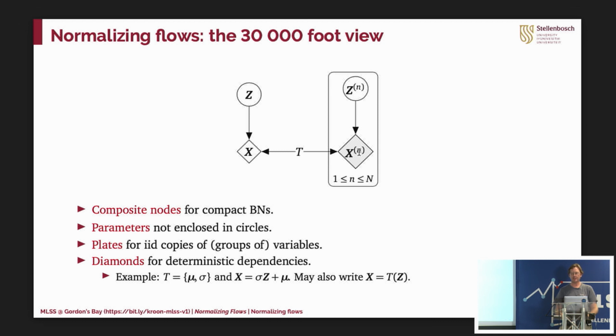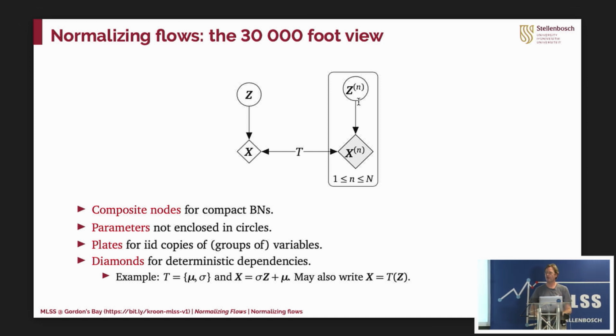And each of these n has a corresponding underlying z that comes from a base distribution. And that is a variable that I don't see. You can think of it as a latent variable, right? Xn is something I see. But importantly, I'm assuming that Xn is obtained from Zn by applying a transformation that I can go back along.